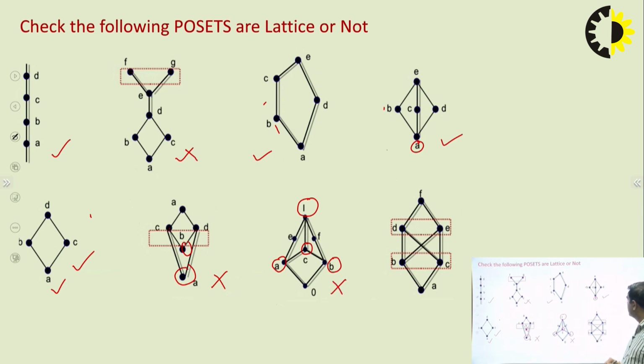In the same way, you can see this structure for B and C. E is the joining point and B and C also join at D. So there exist two joining points for B and C. Because there exist two joining points, it will not be a lattice.